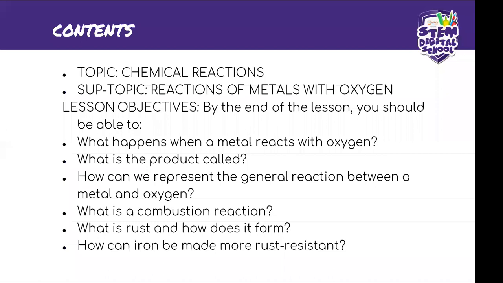We should be able to represent the general reaction between metal and oxygen, explain combustion reaction, look at rust and how it forms, and see how iron can be made more rust resistant. So here we are trying to prevent rusting.